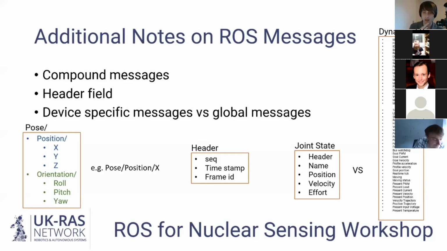Finally, I want to touch on device-specific messages versus global messages for a moment. Some hardware and some software in ROS do offer their own custom messages like we're talking about now, but they normally do it to add additional functionality.